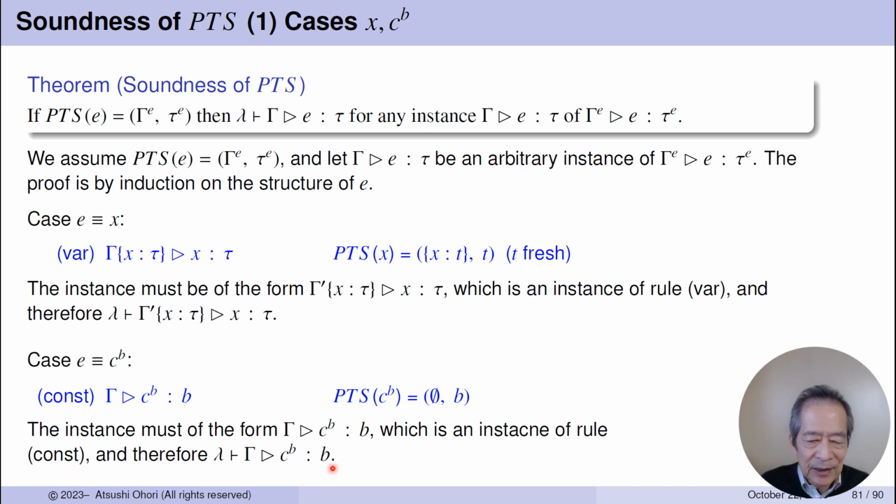Therefore, any picked instance typing is derivable. So we have exhausted two cases, and then we have two other cases.